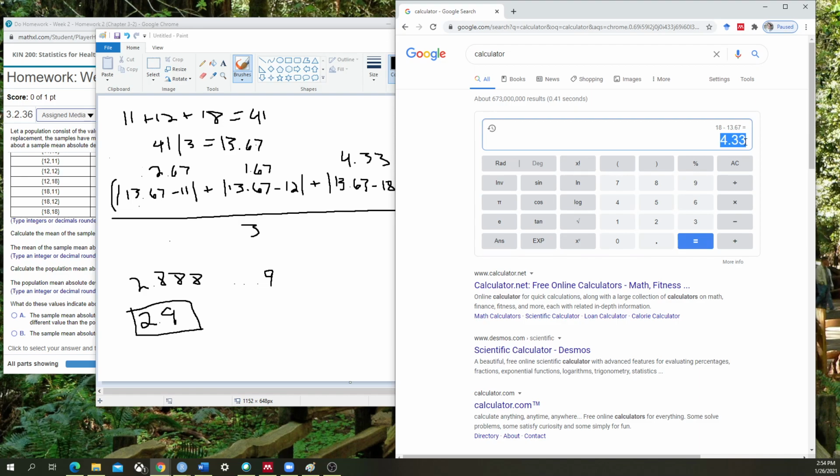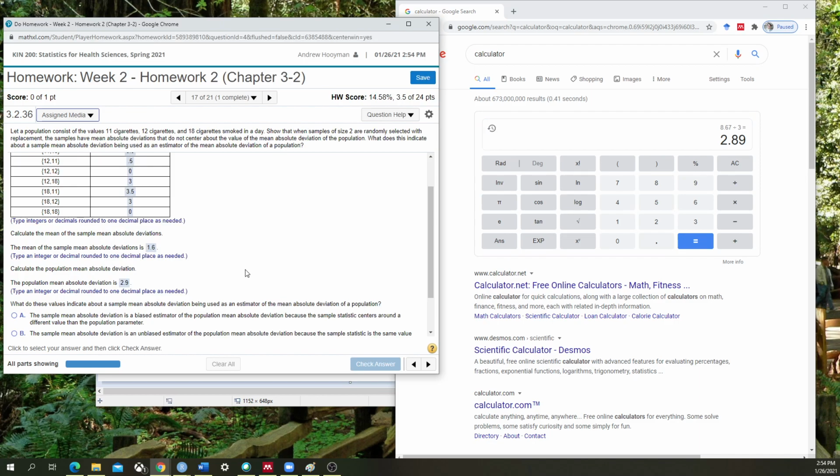If you don't round things correctly, or you subtract a little bit incorrectly, you're going to get the wrong answer. Plus 4.33, that's going to equal 8.67. I'm going to divide that by 3. 2.89. That's the answer I have here. I'm going to round it to 2.9, and that is the correct answer.